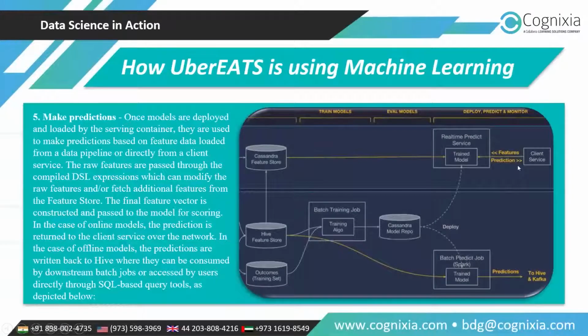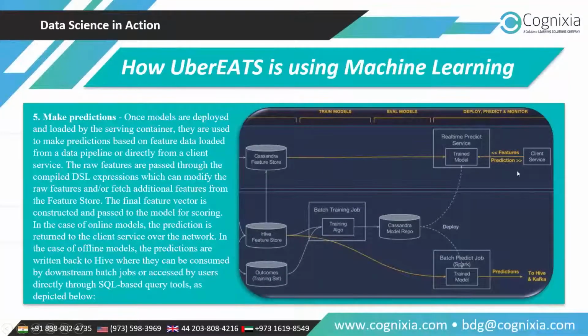And then we have some dynamic information, which generally comes from the client application, like your mobile. When you make a particular order, at that point in time, all the latest relevant information available is fetched from your mobile from the order, and then sent to this machine learning model.